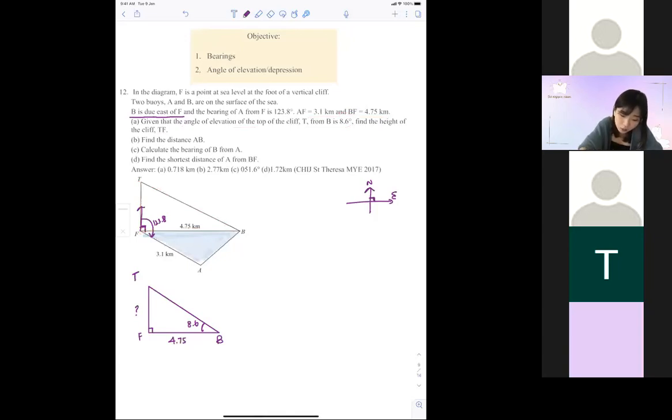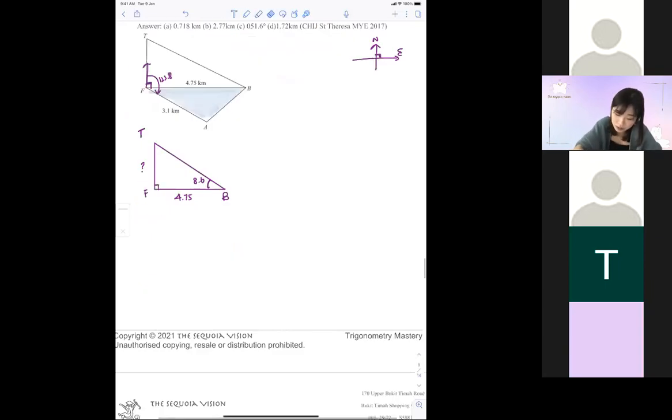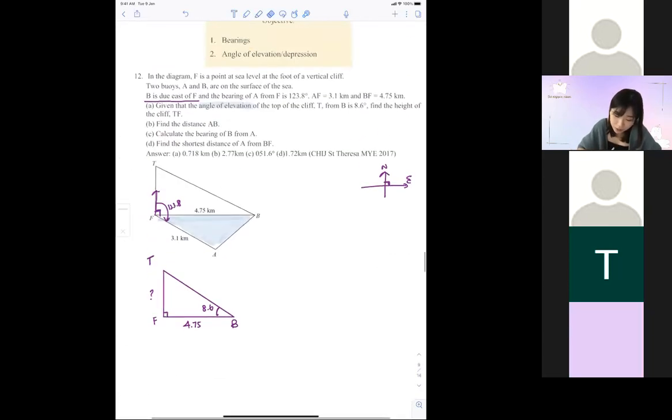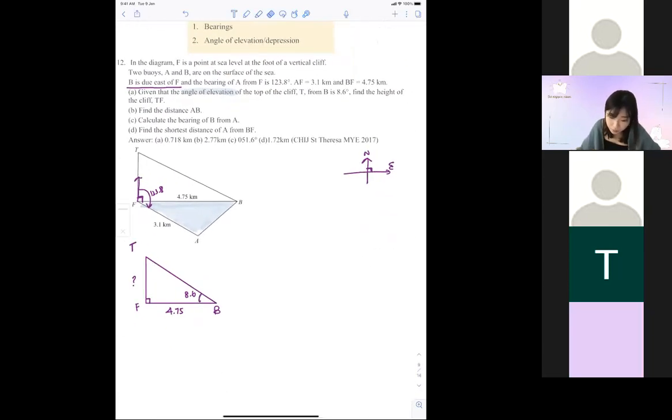Every time you see angle of elevation, you draw your own right angle triangle. This is just lucky only. Later on, you will see it's not drawn for you. To find the height TF, now this is a right angle triangle, so we can use SOH CAH TOA. Usually, 95% of the time, for angle of elevation we use tan.